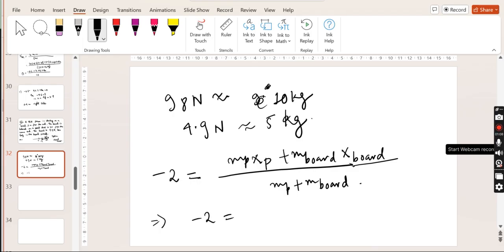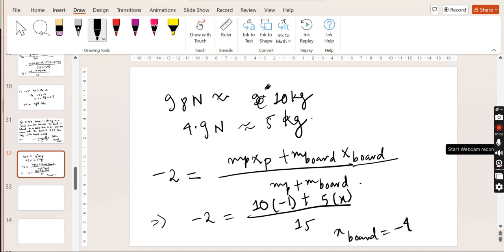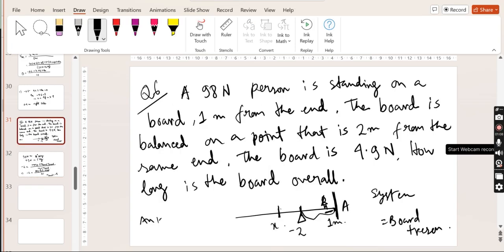So that will be -2 by 15. Mass of person is 10 and its position is -1. Mass of board is 5 and its position is unknown. After calculating, the X of board is -4. So the center of mass from this end is at 4.